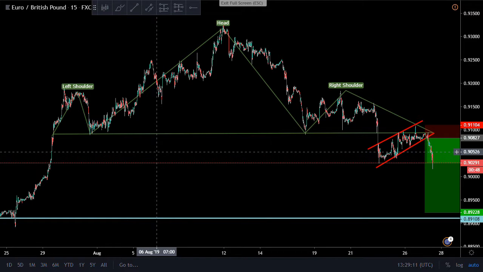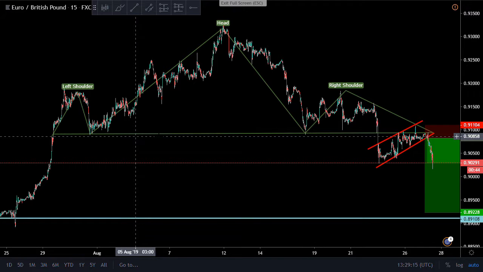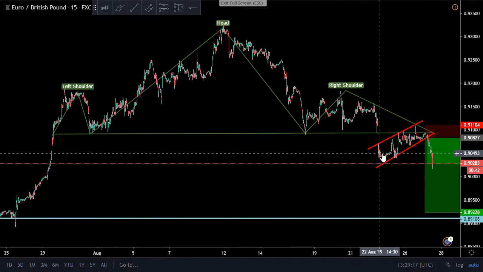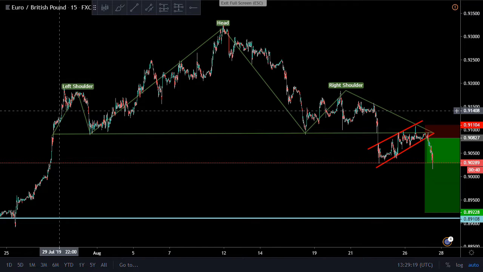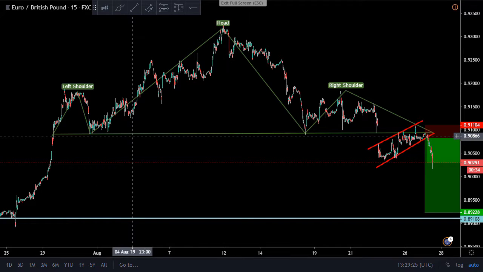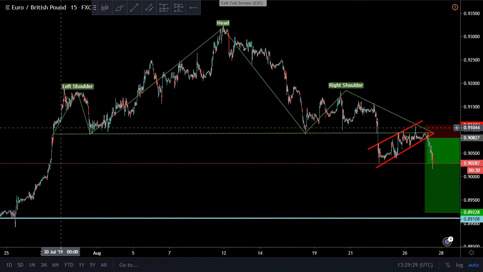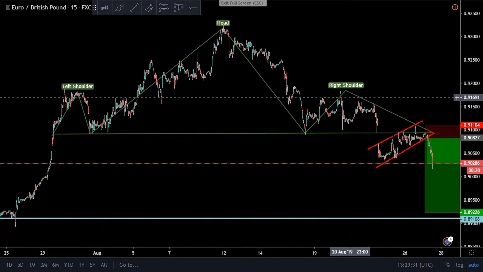This week had a head and shoulder pattern. This is one of the things that triggered our analysis. We had a perfect head and shoulder with the neckline aligned so perfectly: left shoulder, head, right shoulder.